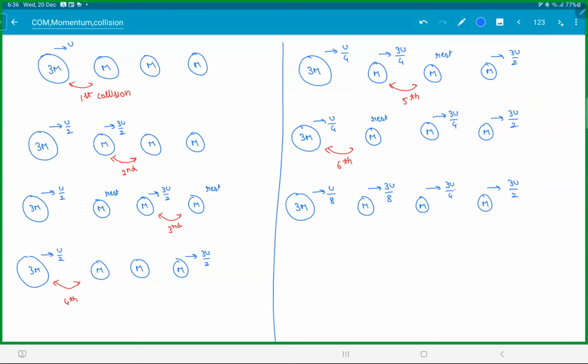So the main idea, what most of you forgot, is that 3m will come and again collide with m. The 3m is not stopping. It just keeps coming and hitting non-stop one after another. Finally, the speeds will become in such an order that they will not collide again. Please have a look at this page.